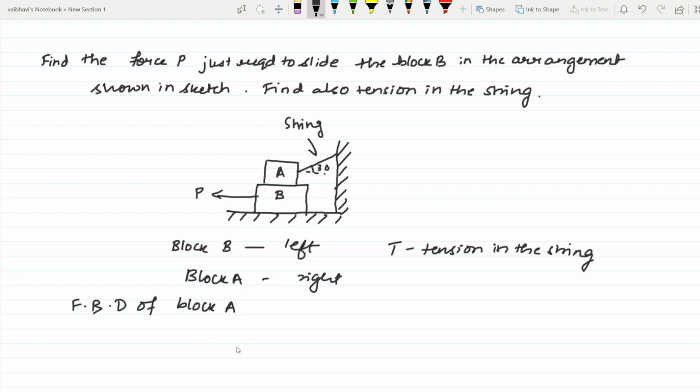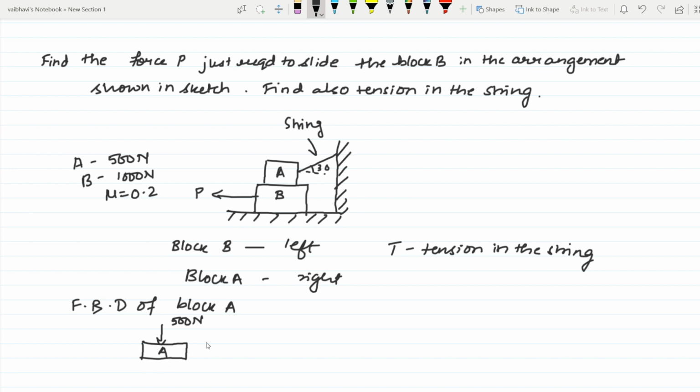That is the top block. Once we draw the free body diagram, then we can simplify it. This is block A. The weight of block A is 500 Newton and block B is 1000 Newton, and mu is given as 0.2 for all the contact surfaces.